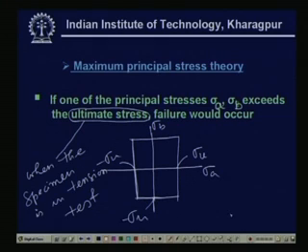If it is in the tension test, then we get this value of the ultimate stress, for which the failure will occur. Now, this particular theory has a drawback.